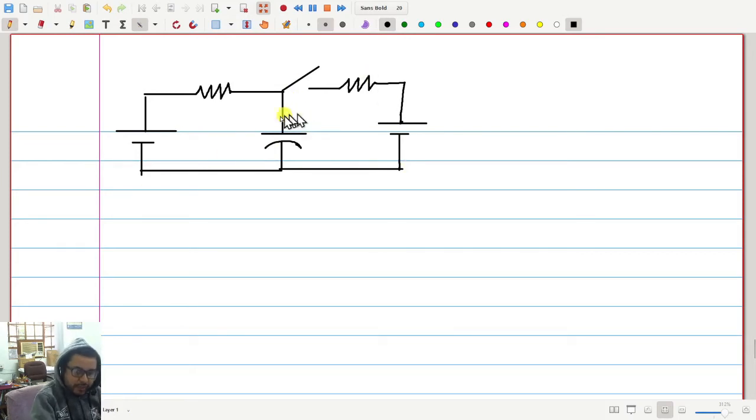Okay, suppose this capacitor is say 2 millifarad. Suppose this resistance is 5 kilo ohm. This is also say 5 kilo ohm. Suppose this voltage is 5 volt. This voltage is say 2 volt.